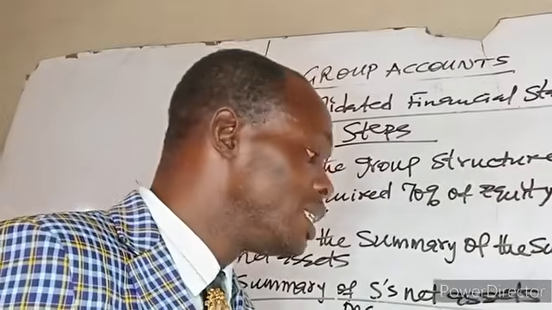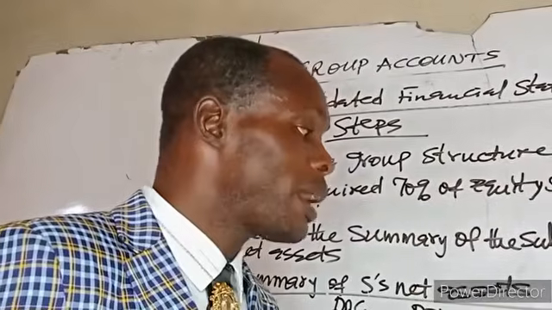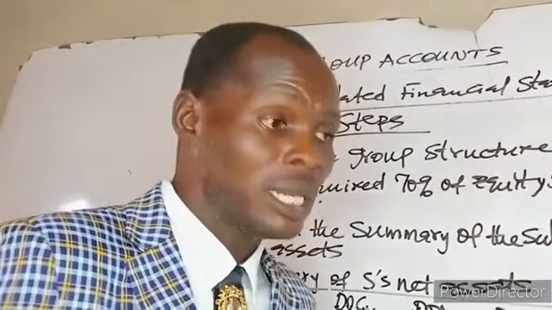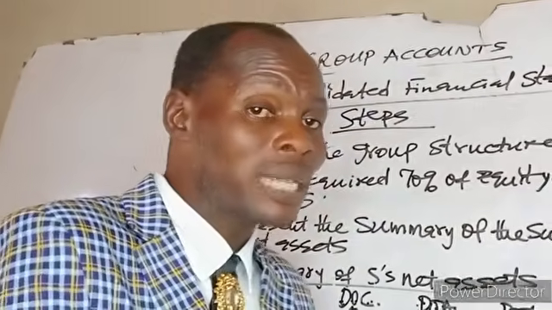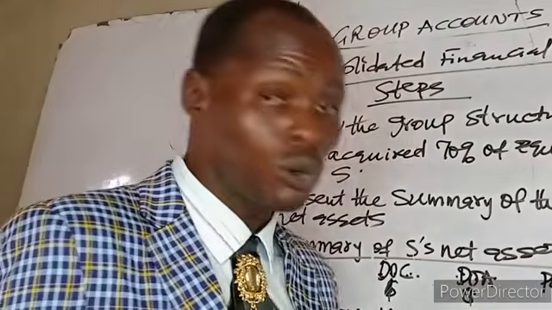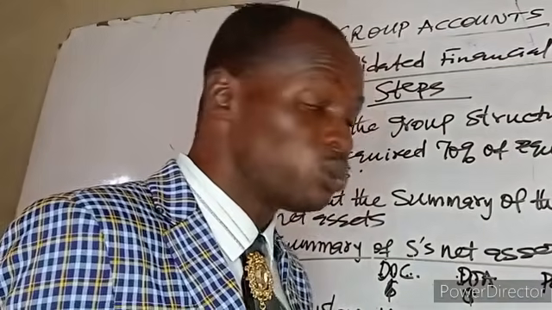So that is why the framework ensures that the impact of related party transactions is removed from the consolidated financial statements, so that the financial statements cannot be manipulated to suit the needs of the group. So these are the steps we need to follow.